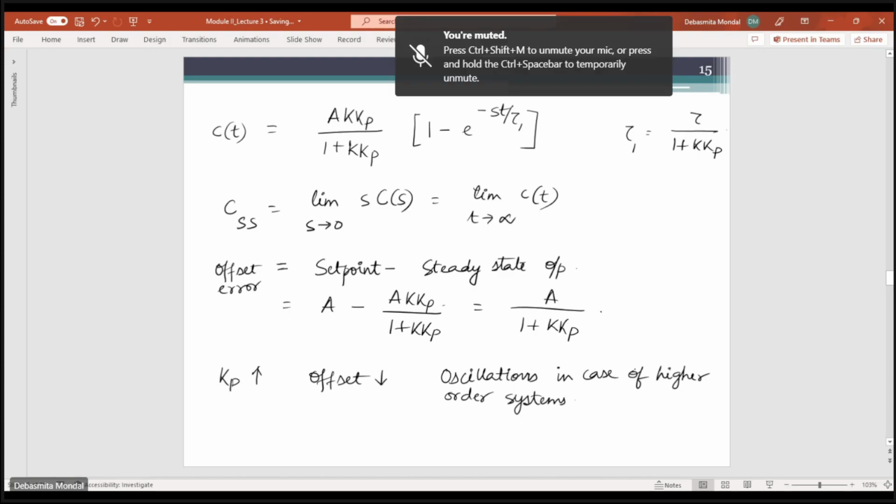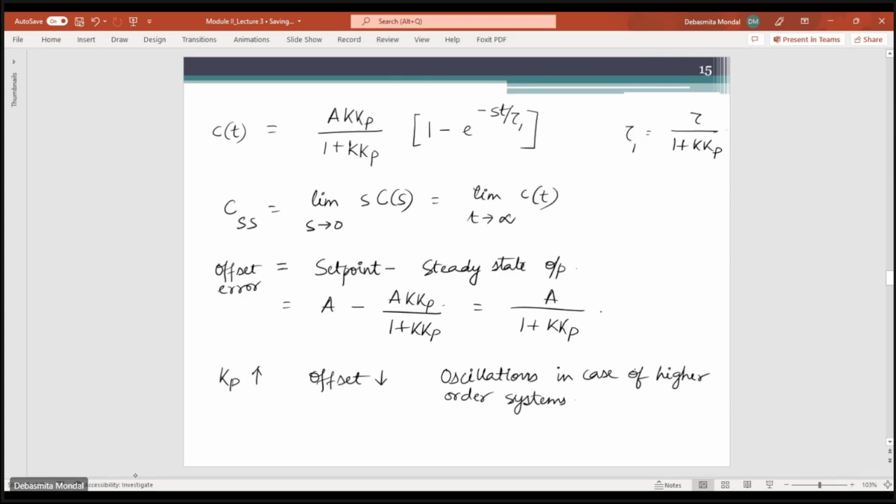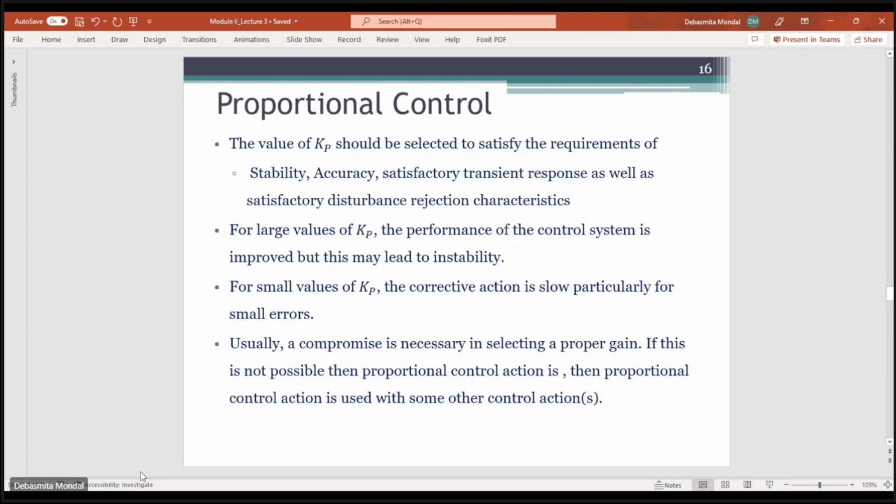If you reduce the value of Kp, the offset will be more and the oscillations will be less.